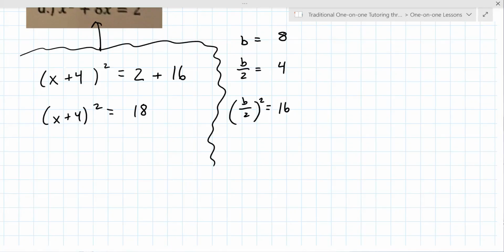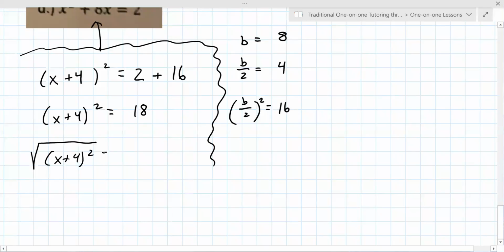All right, and then right there, now you're going to take a square root of both sides.